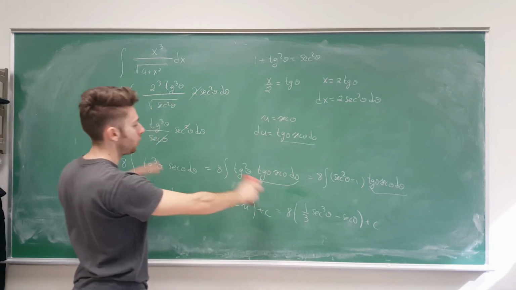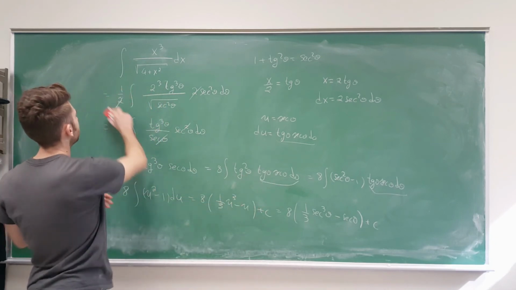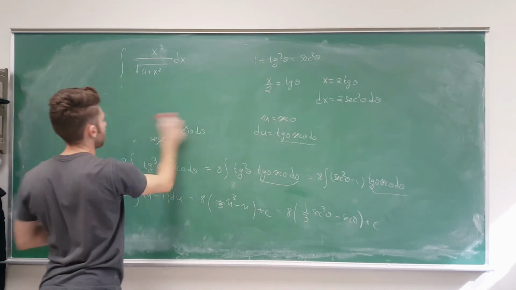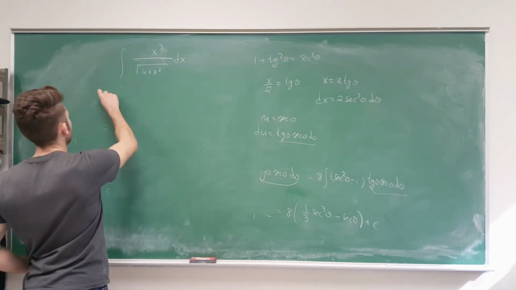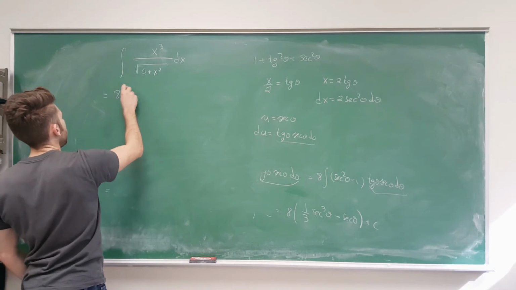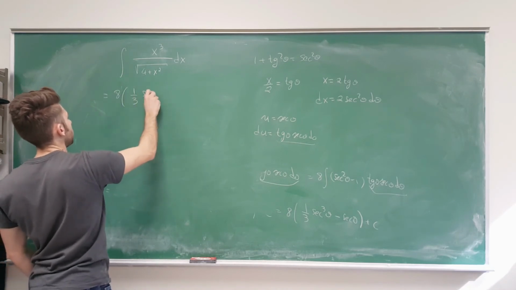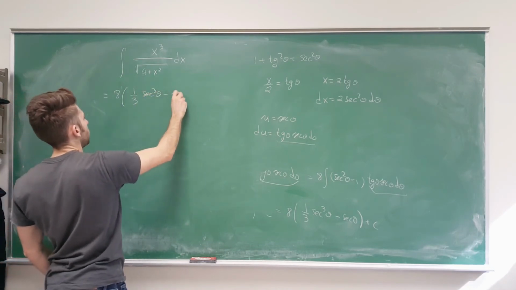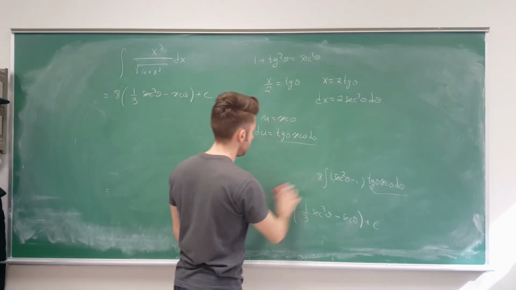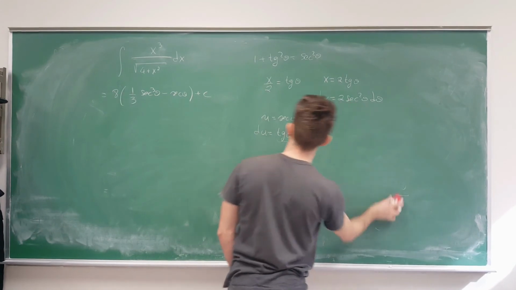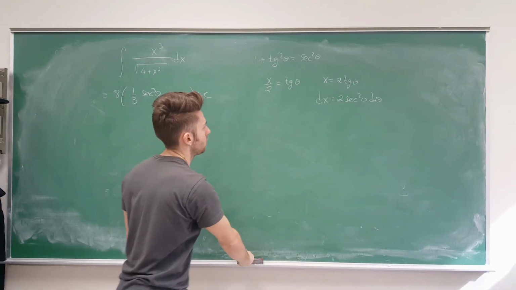So let me get rid of all this and just keep the last part. So this integral is equal to 8 times 1/3 secant cubed minus secant. We're done with this.